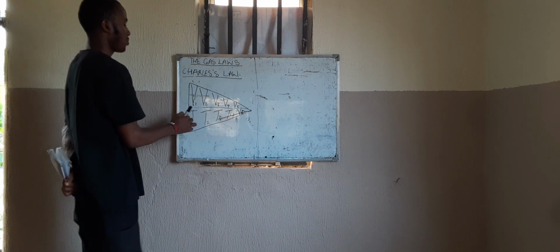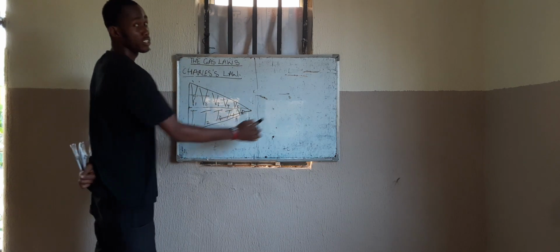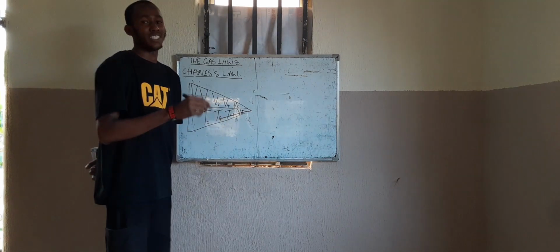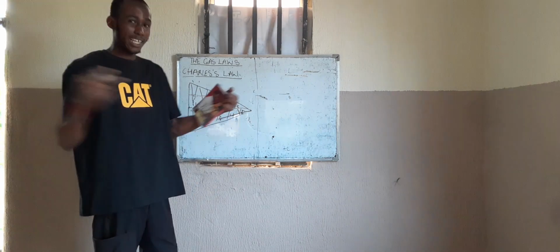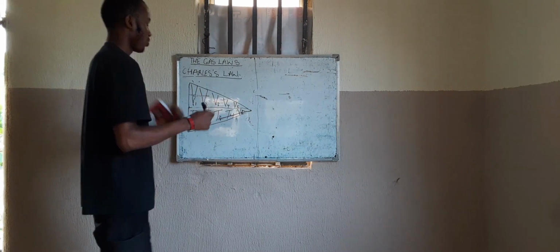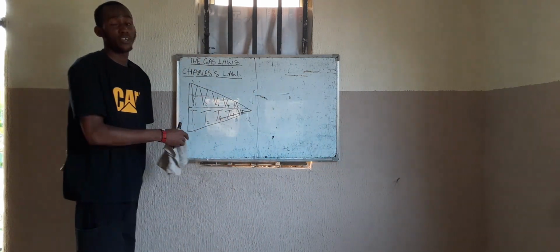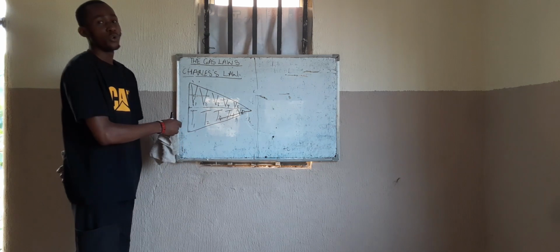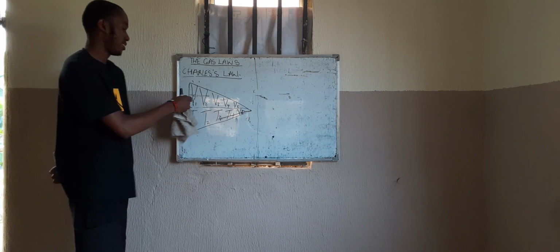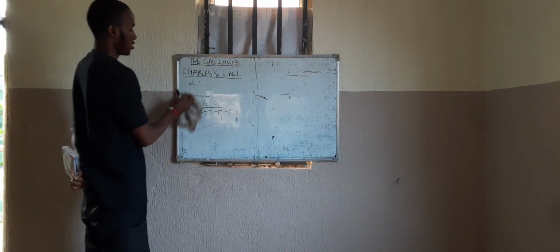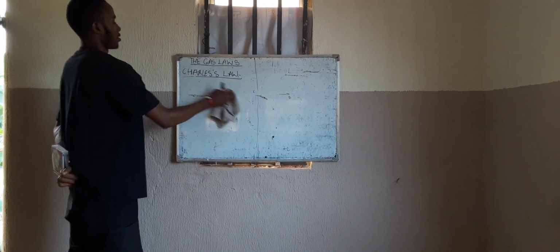And you see that when the temperature is decreasing, the volume is decreasing also. That's what we mean by directly proportional. So you might see questions like this, and they'll draw the graph in your exams and ask you to show which law has this graph. Just remember it's Charles' law.